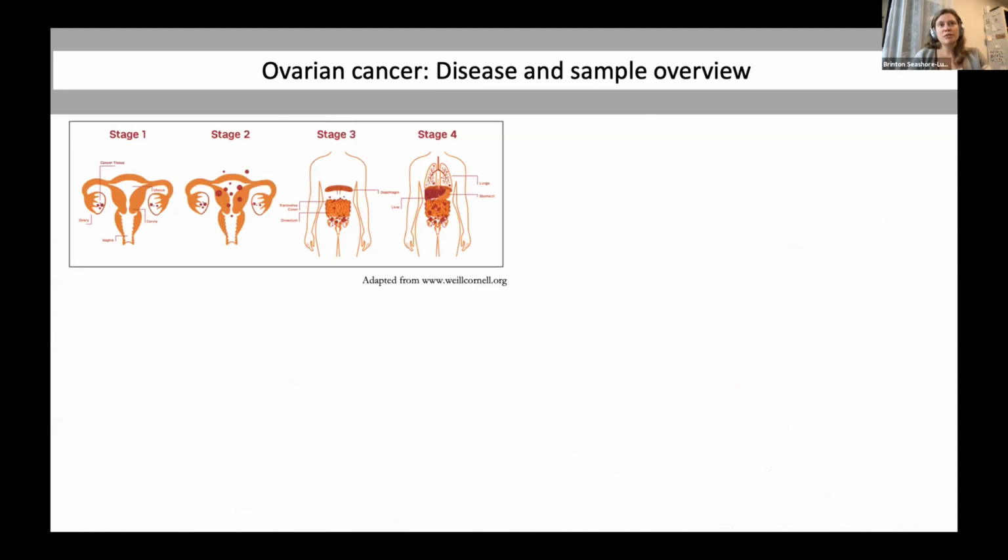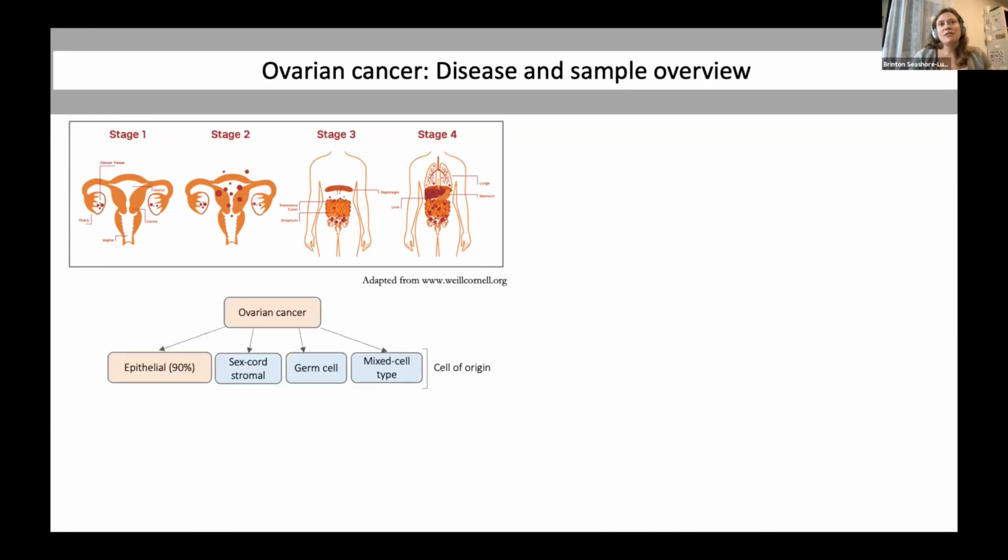Ovarian cancer is a group of diseases that stem from the ovary, and it can be diagnosed at different stages. Unfortunately, most people are diagnosed at the later stages, 3 and 4, because the symptoms are quite diffuse. In general, it comes from 4 or 5 different types of cells. Most of the cancers arising are from epithelial cells, but there are other types of cell of origin as well.